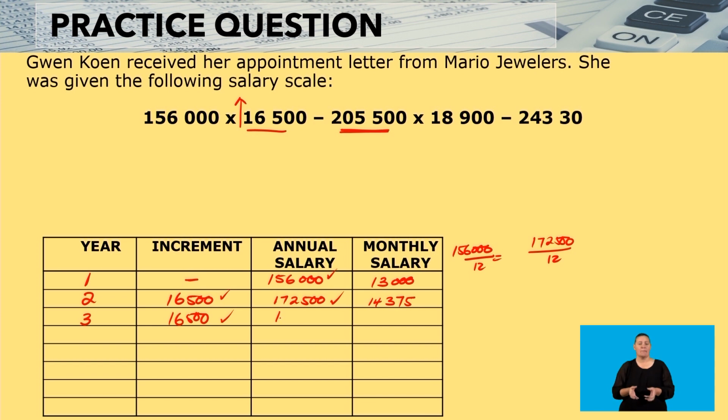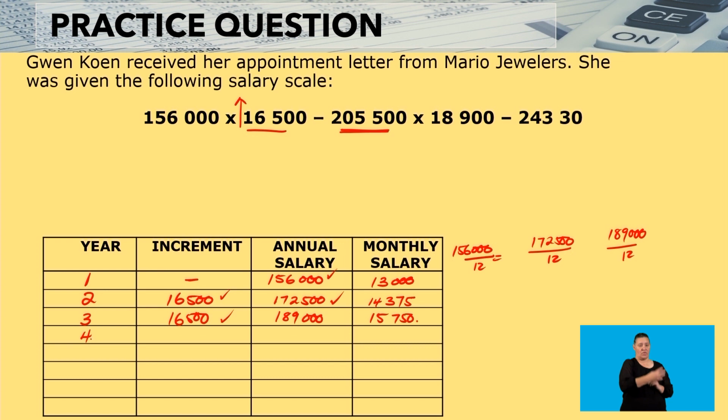Then you get 189,000. I know you still have your calculator. Now calculate for me the monthly salary. You're saying 189,000 divided by 12. On your calculator, you should be seeing 15,750. Thank you so much.